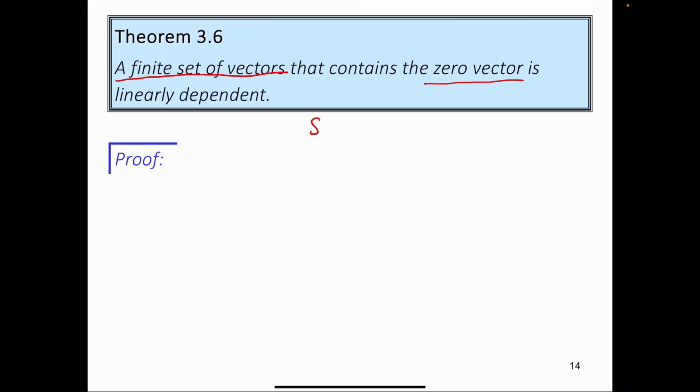So we have a set S with finitely many vectors, and we find that one of them is the zero vector. Then S is linearly dependent.